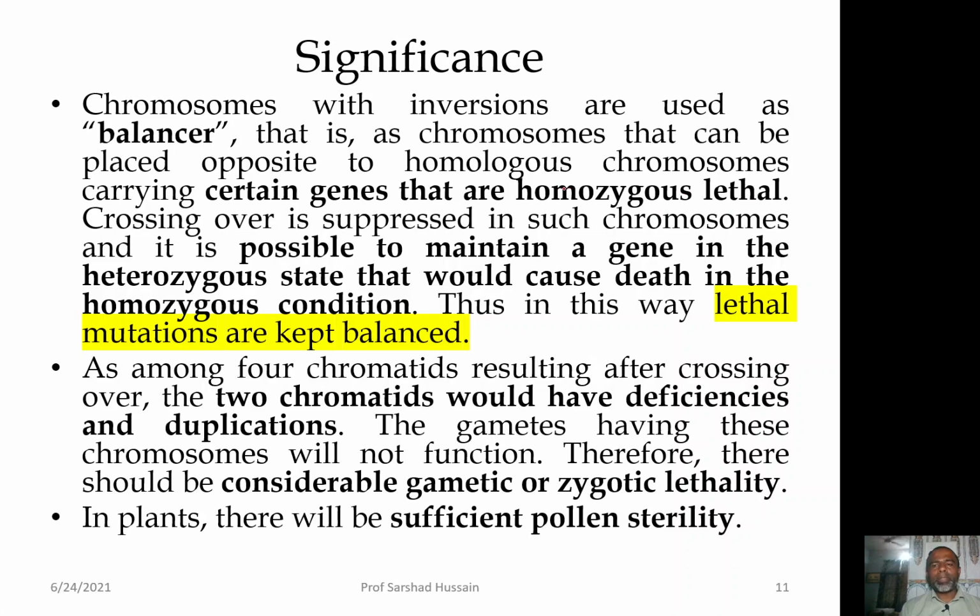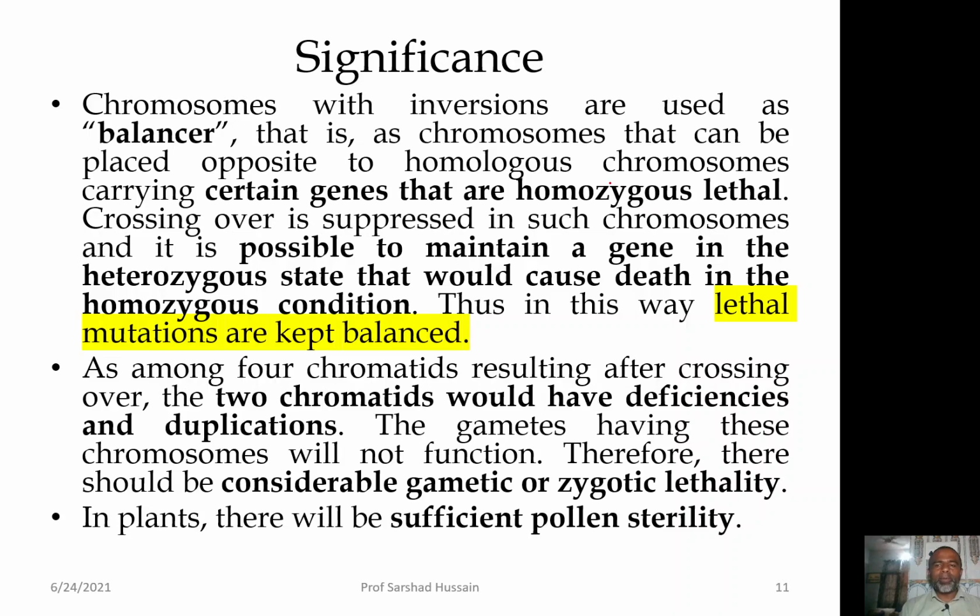So, when they are present on both the chromosomes in a similar way, that both are equal, both are same, then they are in homozygous condition, and once these genes are lethal, then the individual will survive only if the other chromosome will not have the same type of gene, it will have another type of gene. So, in heterozygous condition the individual may survive.